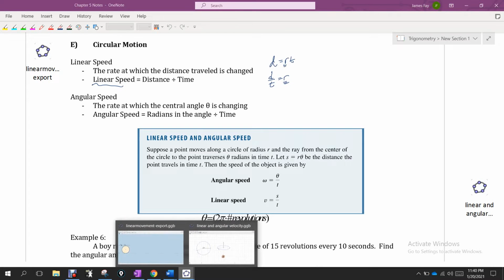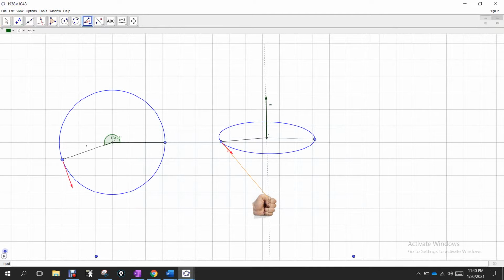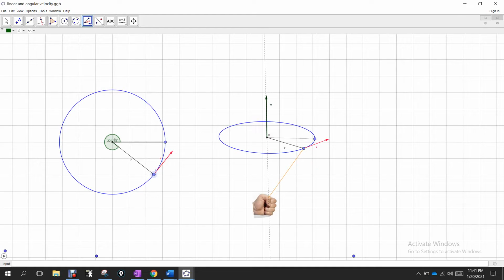If we look at this right here, let's see if I can trace that. There we go. However long that was, let's do it again. I'm just going to count here: 1 Mississippi, 2 Mississippi, 3 Mississippi.